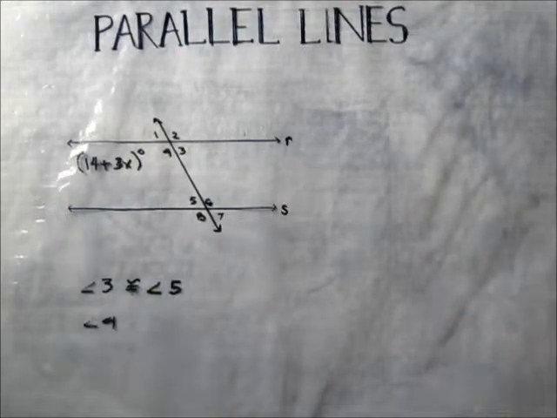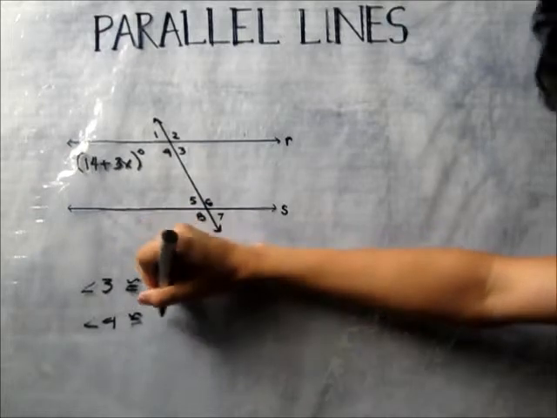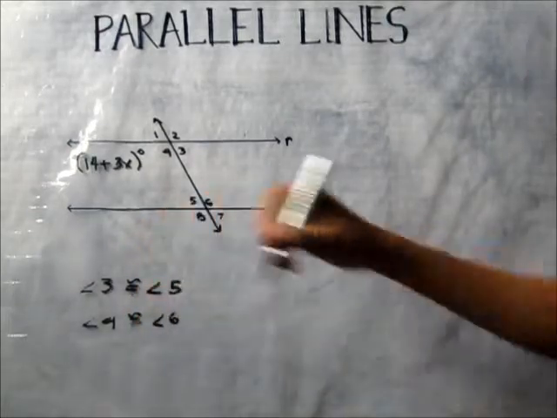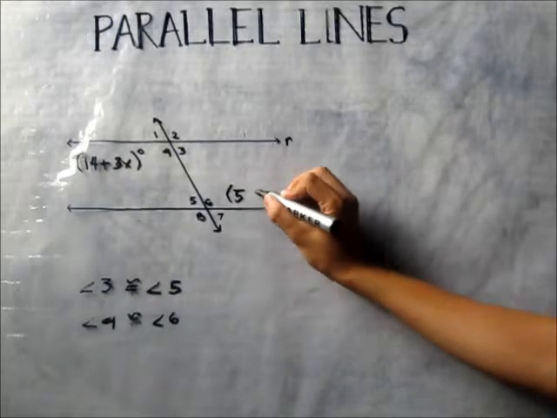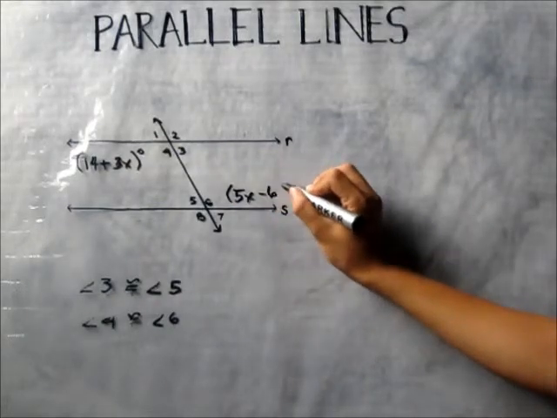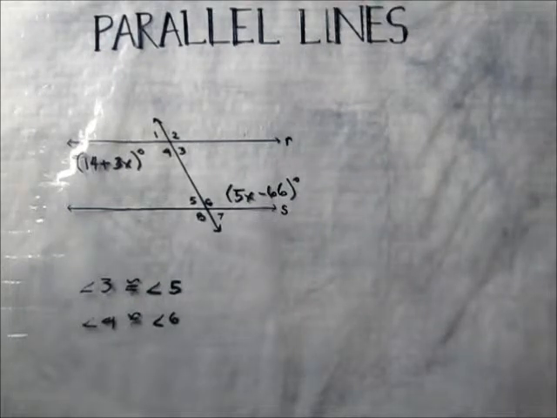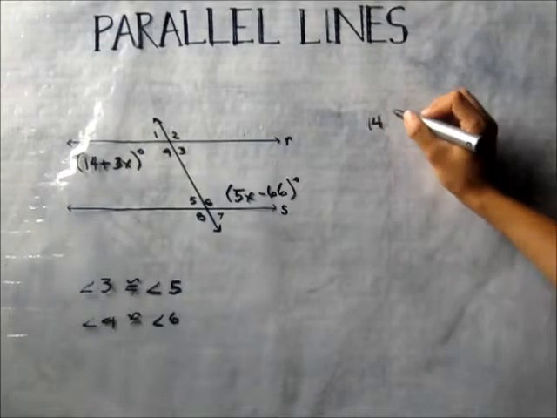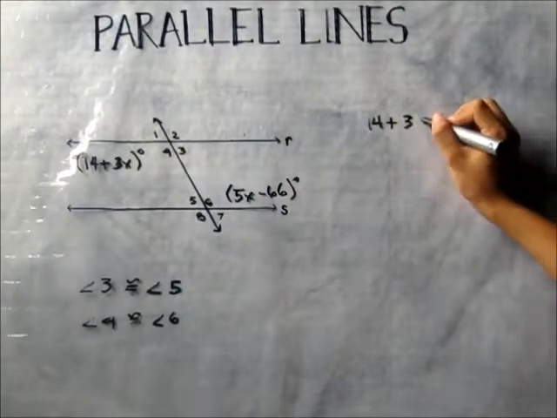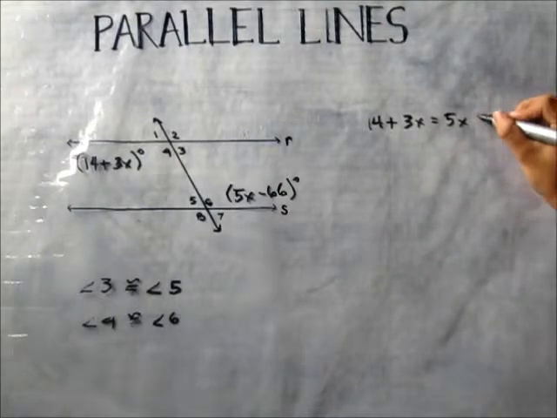And the value of angle 6 is 5x minus 66 degrees. We can say that 14 plus 3x is equal to 5x minus 66.